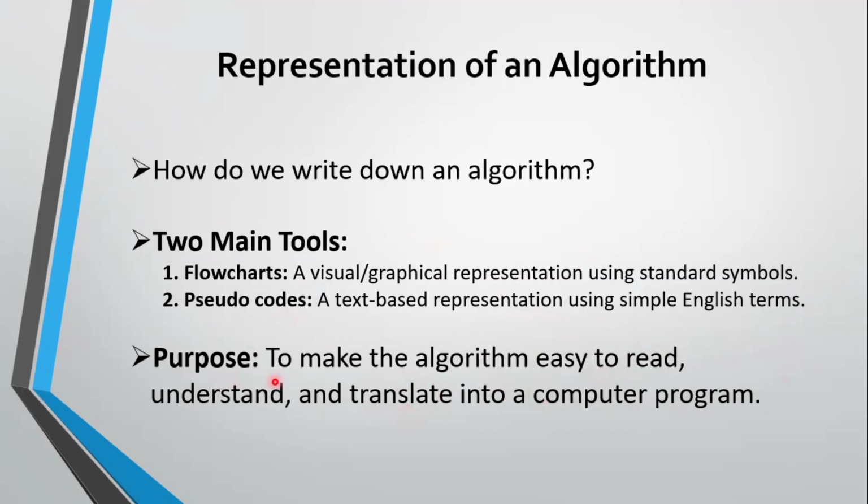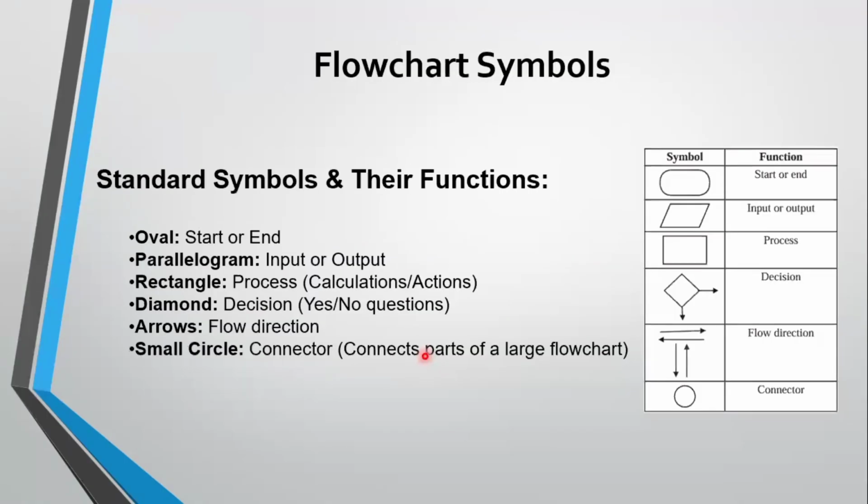The purpose is to make the algorithm easy to read, understand, and translate into a computer program. It is a proper guidance to write a computer program, right? So, let's look at flowcharts first.